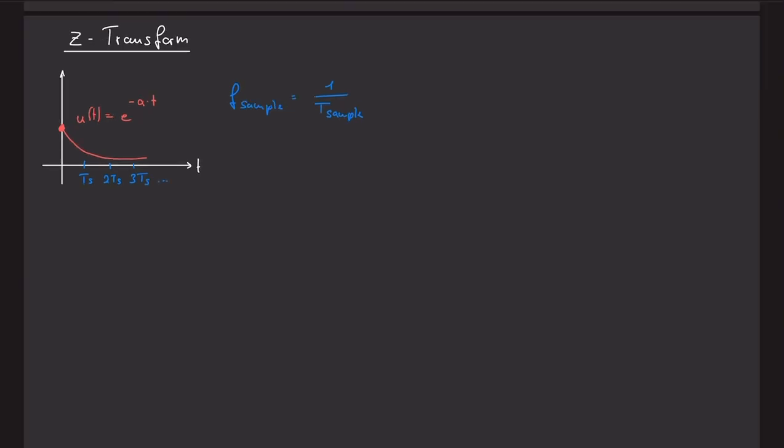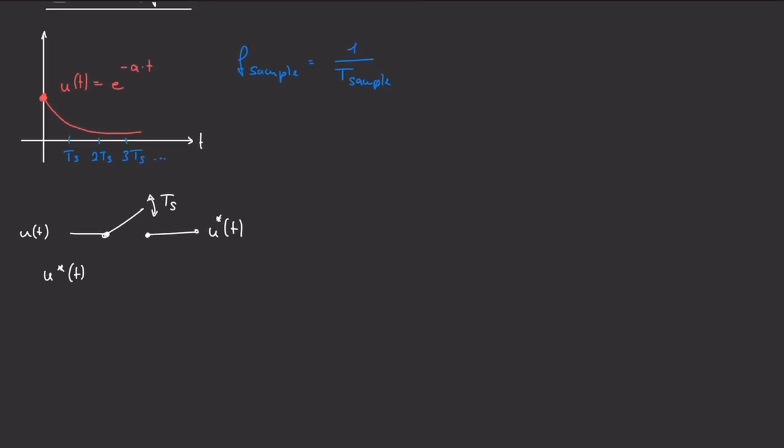So one could imagine this process as an electrical signal that is being connected to a switch that turns off and on at our frequency. So our sampled signal basically represents our original signal, where t equals k times our sample period.